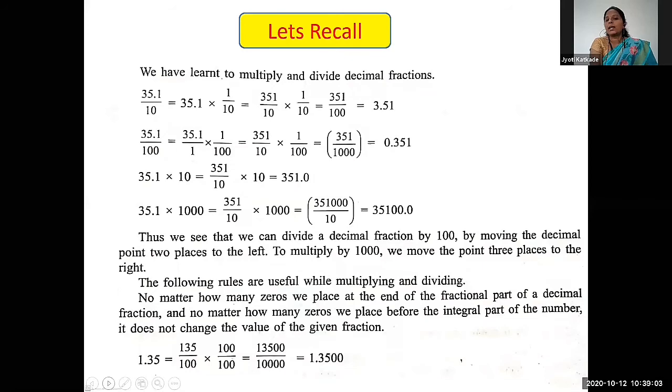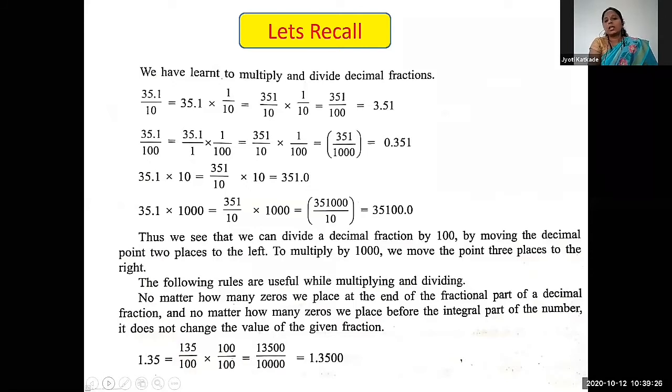Why do we take 10 there? Because we remove the decimal point from 1 place. If the point is before the 5, meaning it is 3.51, then we have to take 100 as the denominator. But we remove the point from 1 place. That's why we take 10 as the denominator.